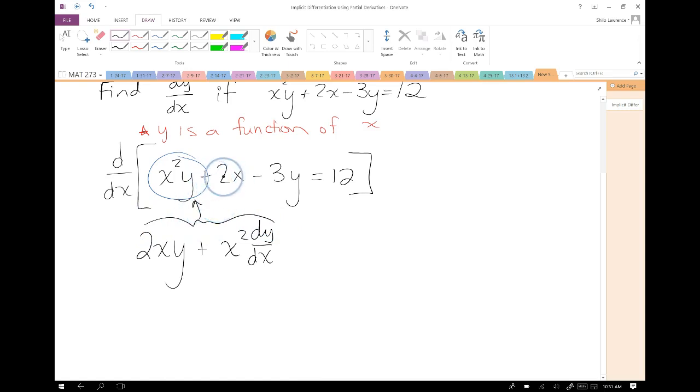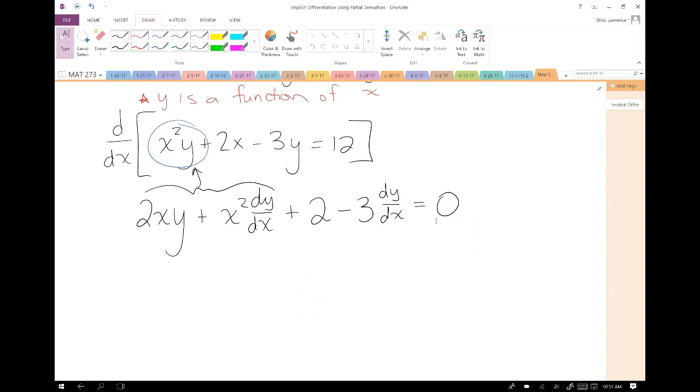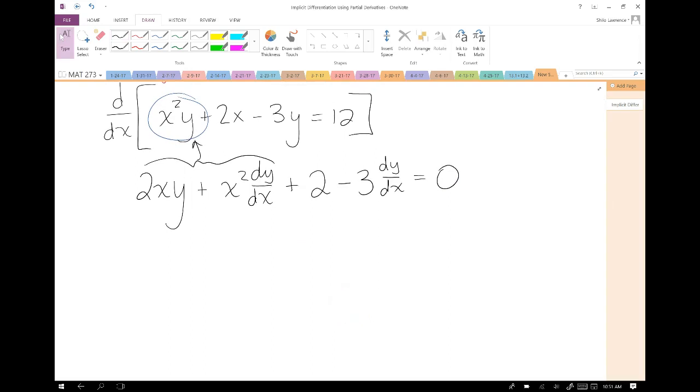And then the derivative of 2x is just 2. The derivative for minus 3y is negative 3 dy dx. Anytime you take the derivative of a y, you've got to include dy dx. And then the derivative of 12 is 0.